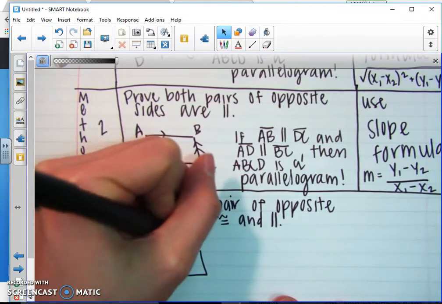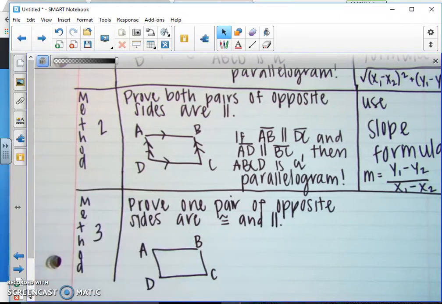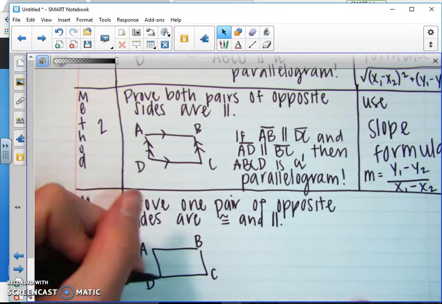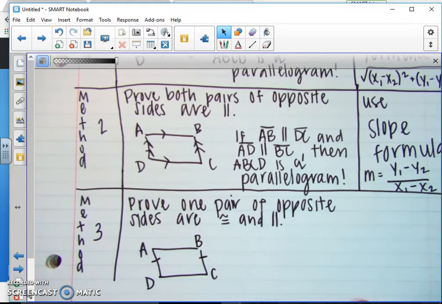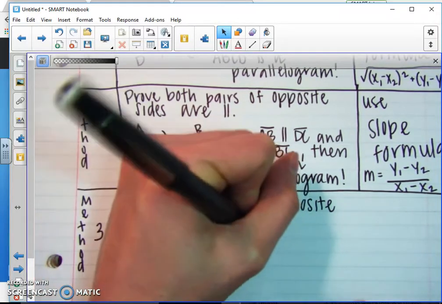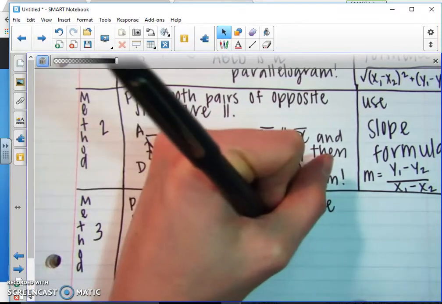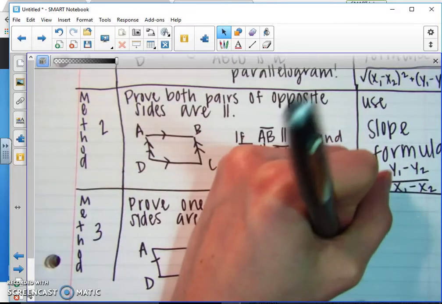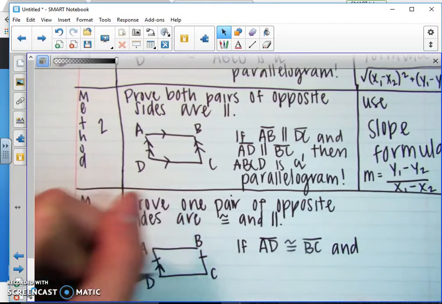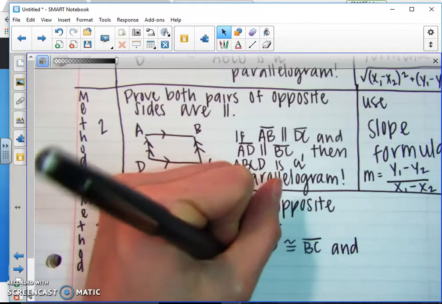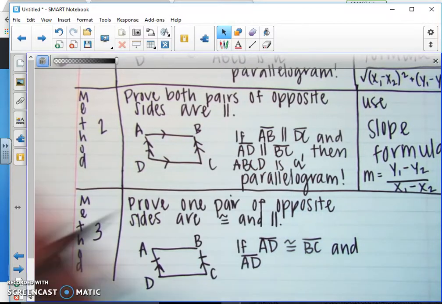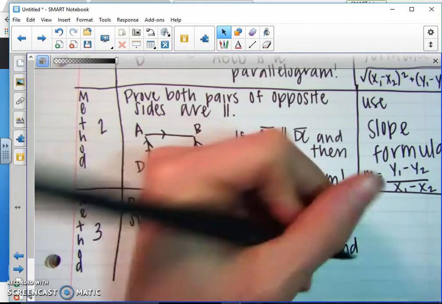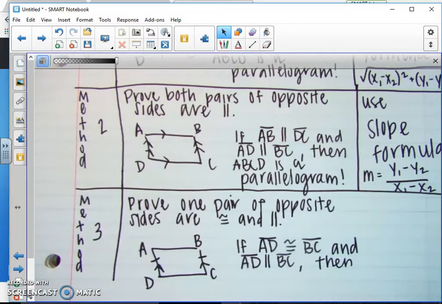So if we have our figure ABCD, it doesn't matter which pair we use. I'm going to use AD and BC. I want to prove that AD and BC are congruent. So if AD is congruent to BC, and those sides are also parallel, so AD is parallel to BC, then the figure is a parallelogram.